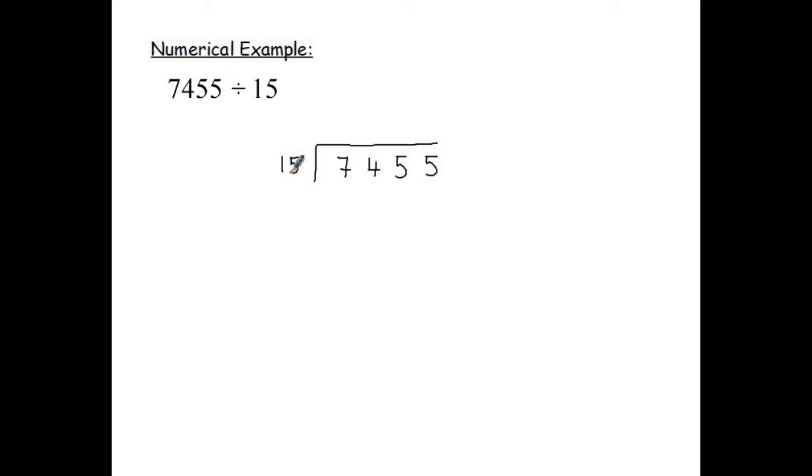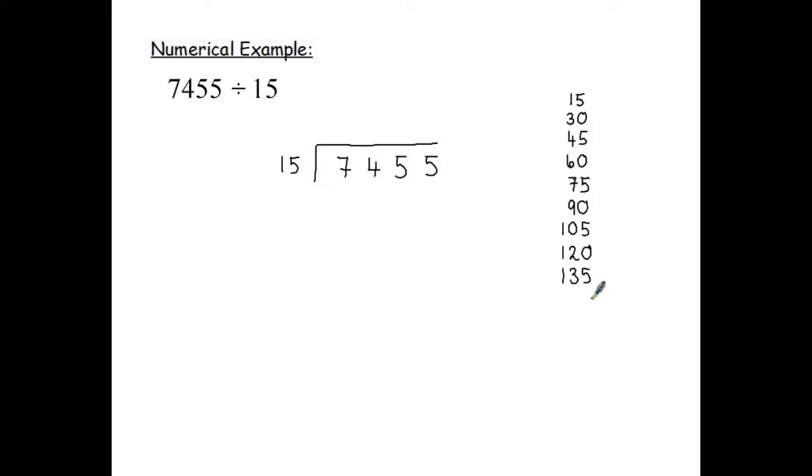And just for easiness, I'm just going to write the 15 times table down the side so you can see where I'm coming from in a second. So we've got 15, 30, 45, 60, 75, 6 15s are 90, 7 15s are 105, 8 15s are 120, 9 15s are 135, and 10 15s are 150, but remember you won't need that.